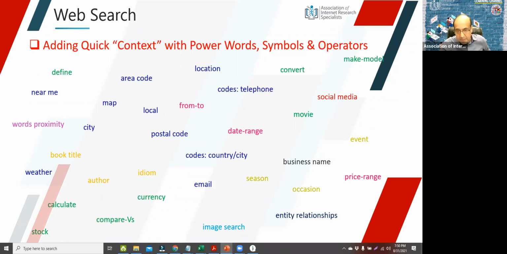But coming back to it, with words like location, it knows that you are looking for something at a certain location. Area code, like the ones in blue color, are all about locations or all about identifying the source, like city, near me. I mean, these are basic words, but they are very powerful for the only reason that search recognizes them in a certain way.